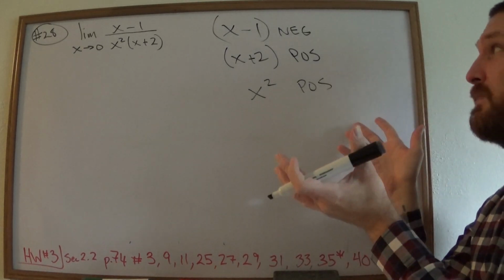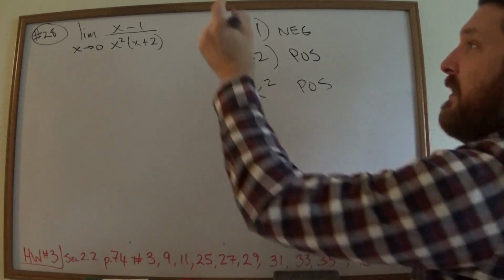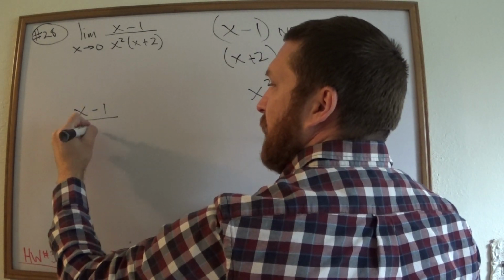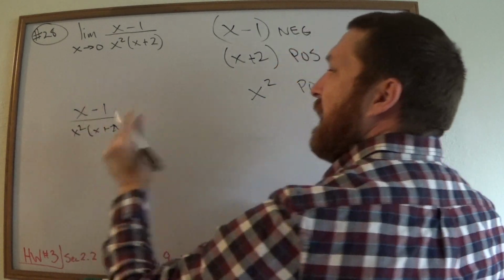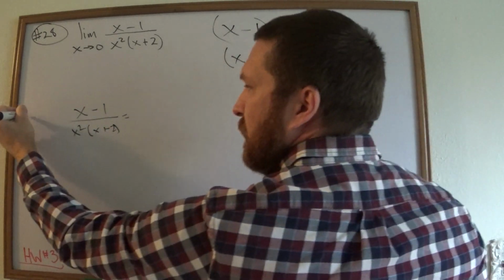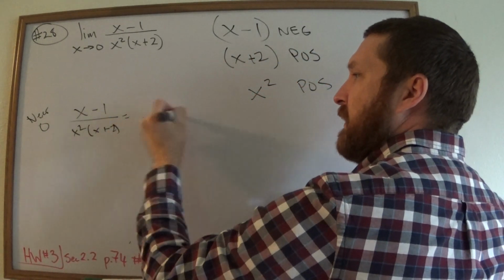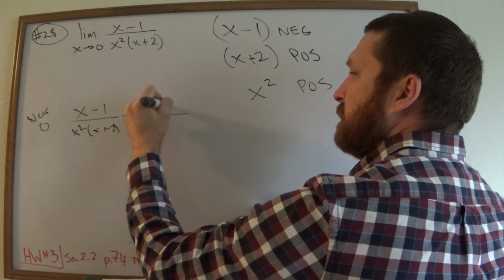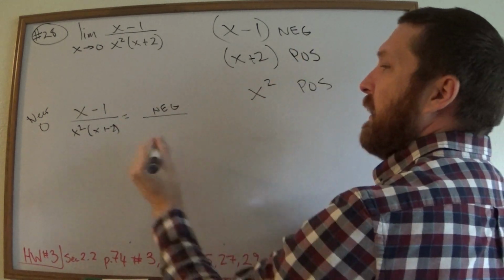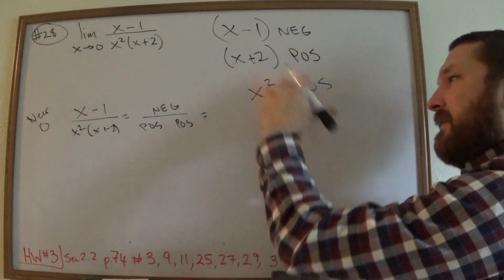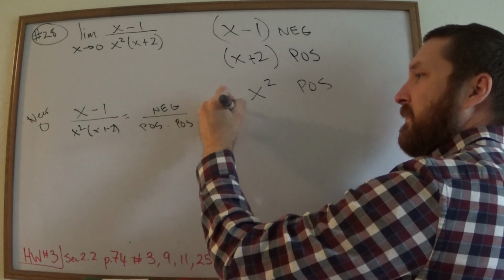But what's nice is we could tell that this thing, so I'm going to write the same way I did before, x squared and x plus 2, that when we're near 0, this is negative, and the bottom 2 are positive times a positive, which means that the entire thing is negative.